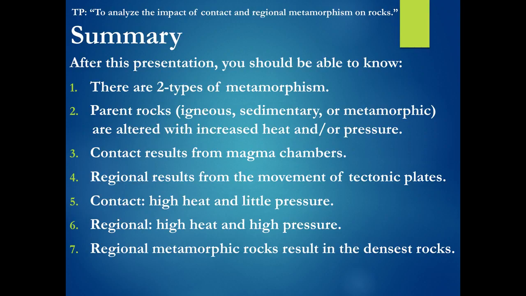Regional results from the movement of tectonic plates. For contact, we're looking at high heat and little pressure in a small area, of course. Regional, we're looking at high heat and high pressure and a larger area. And the last part, regional metamorphic rocks result in the densest rocks.